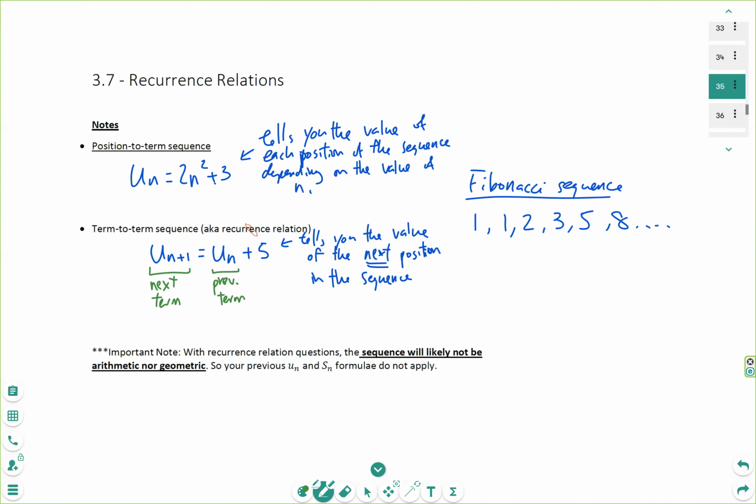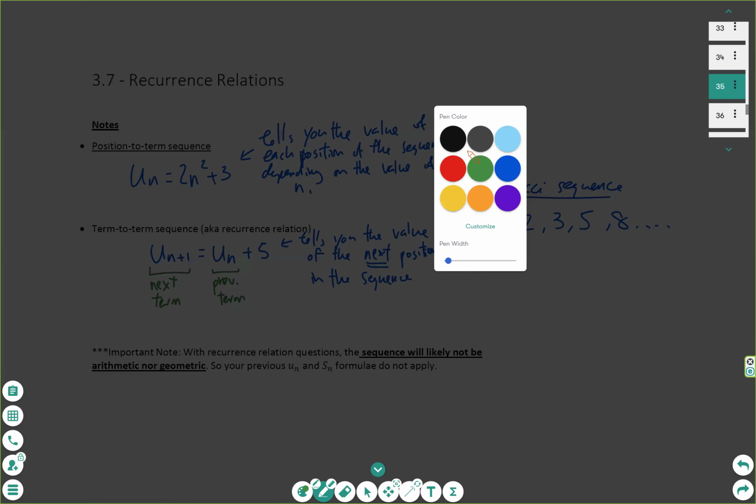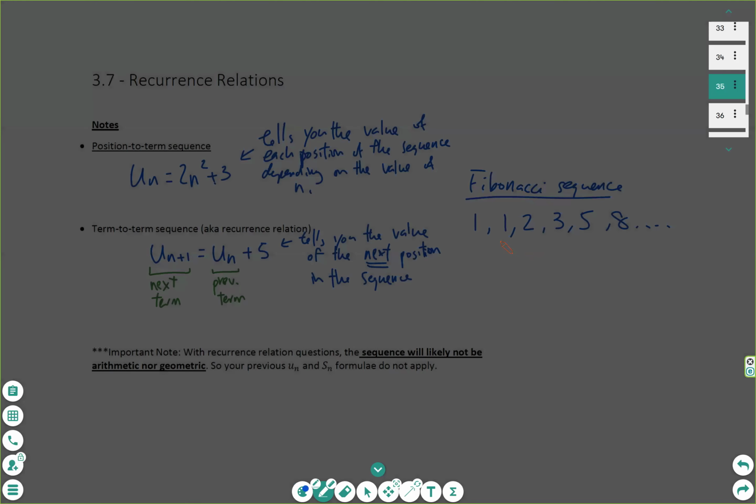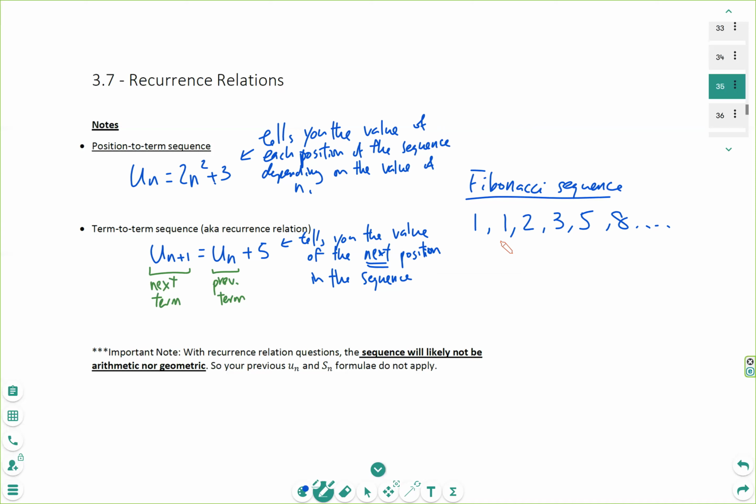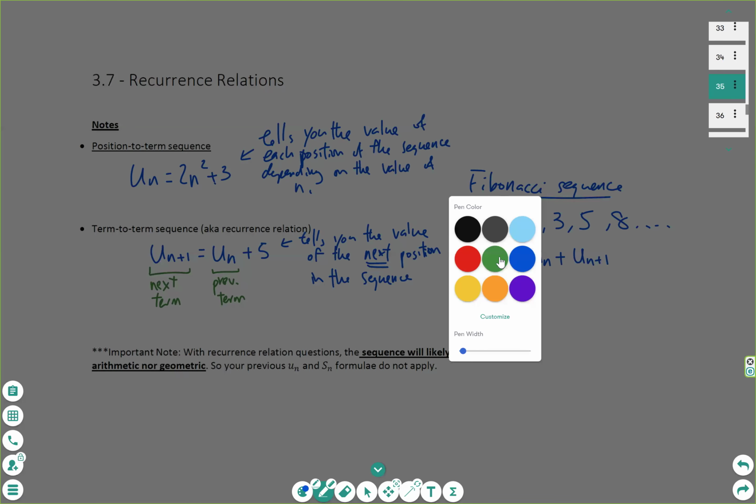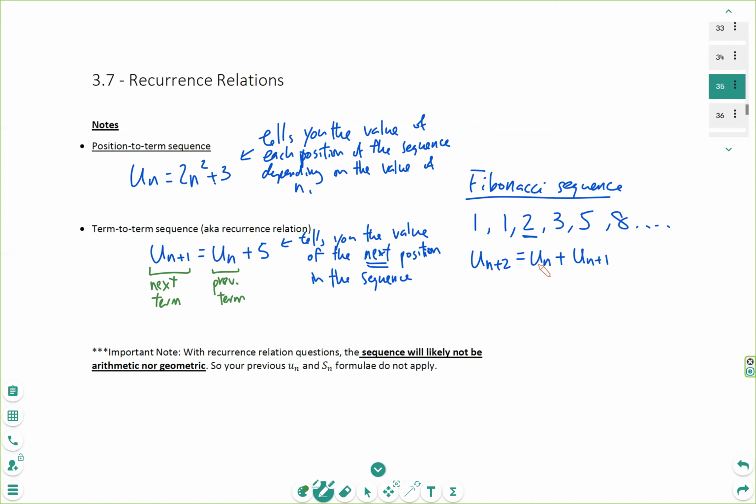Now, if we look at the Fibonacci sequence, it's actually quite simple in that regard. If we start looking at the third term, un plus 2 equals un plus un plus 1. That's the Fibonacci sequence. What does that mean? The first term plus the term after it, the second term, equals the third term.